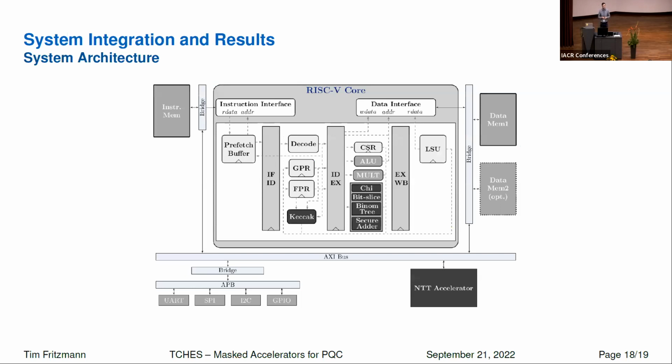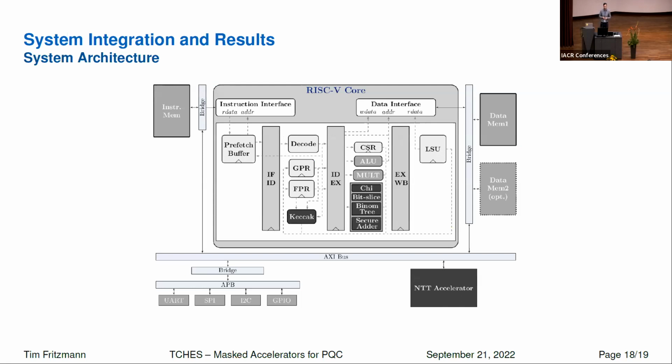Now, all the different accelerators that I presented and also some more were integrated into a 32-bit RISC-V processor. And this includes, for example, a Keccak accelerator. And also for the nonlinear Keccak part, we have developed a chi accelerator, our binomial sampling adder tree based on domain-oriented masking, and a secure adder for A to B and B to A conversions.